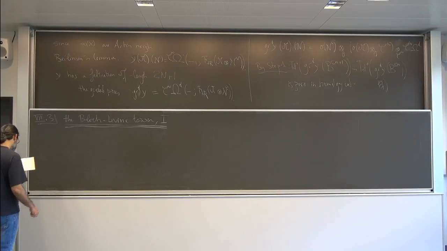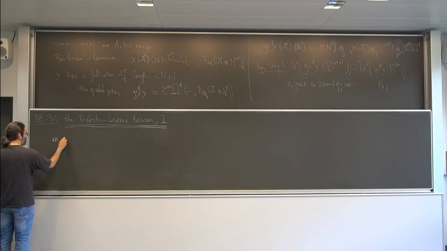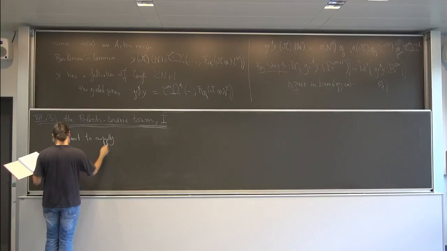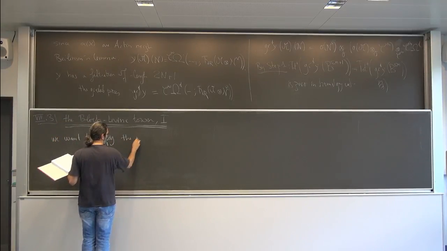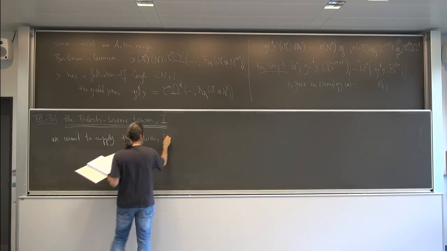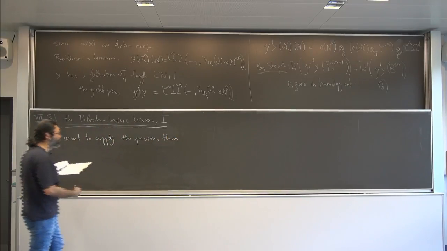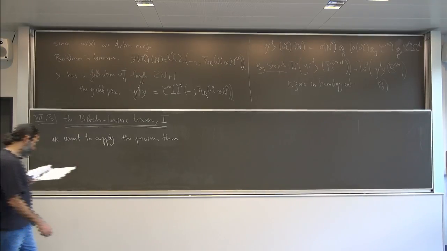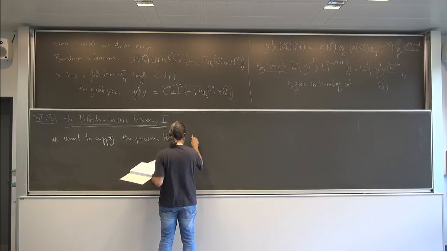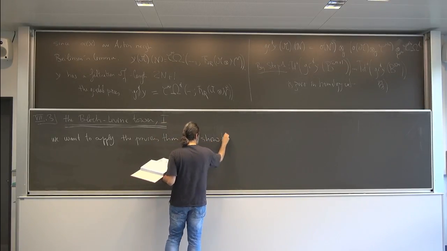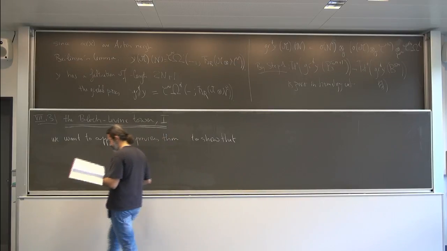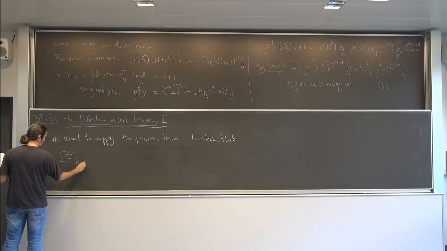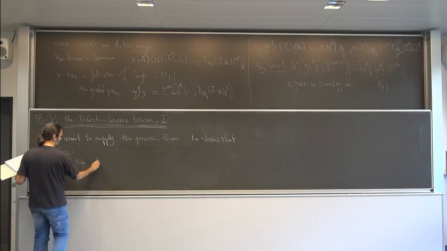So we want to apply the previous theorem, the theorem that gives us this criterion for strong acyclicity, to show that this chi underline Hodge is strongly contractible.